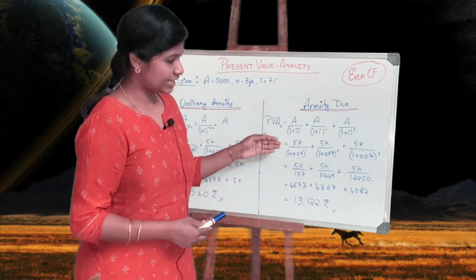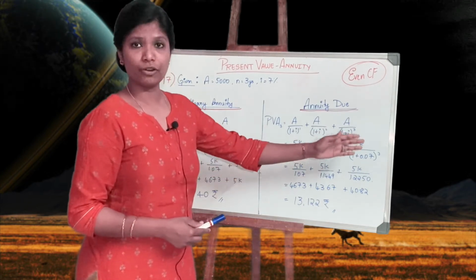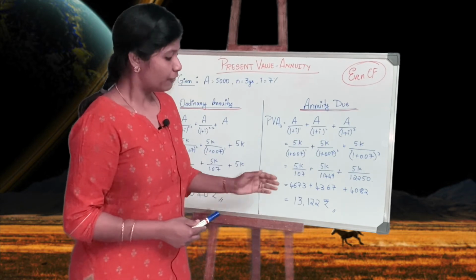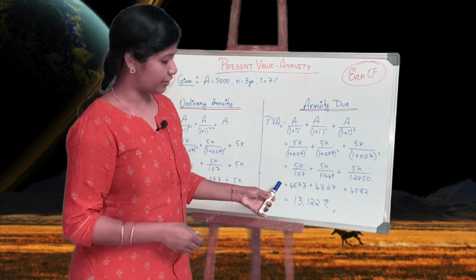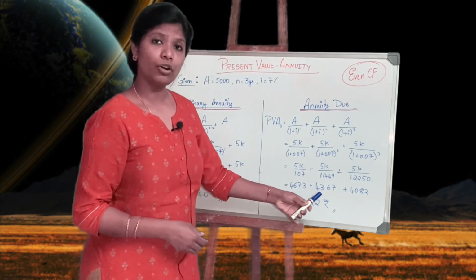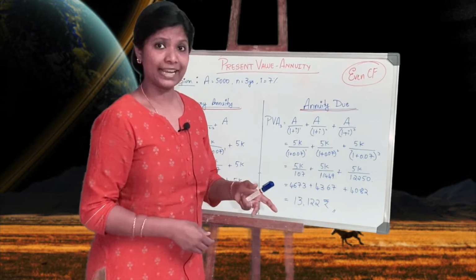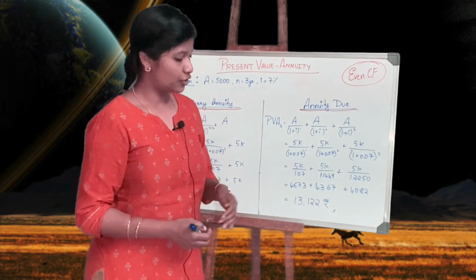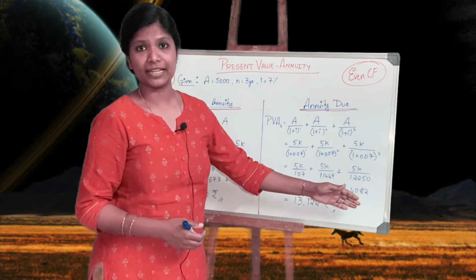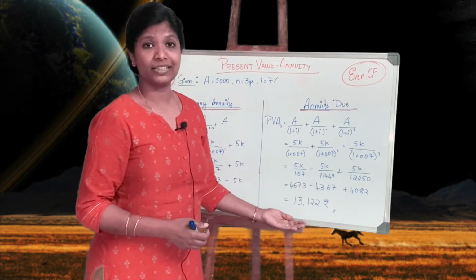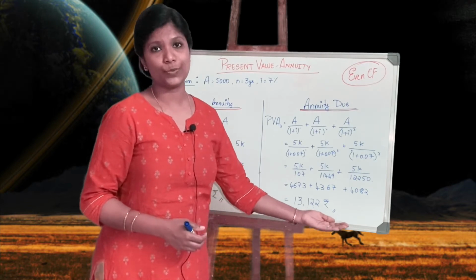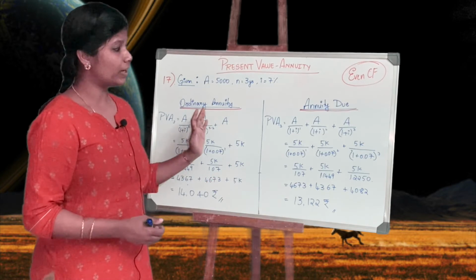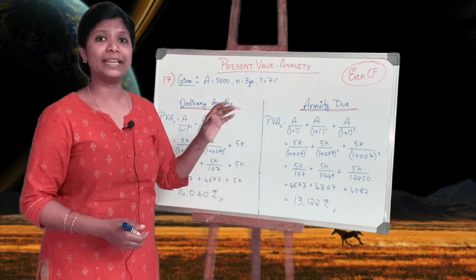I put up the respective values into the formula, and I end up with the answer 4,673 for the first year, 4,367 for the second year and 4,082 for the third year. So when I add up the entire values, I arrive at the answer 13,122.